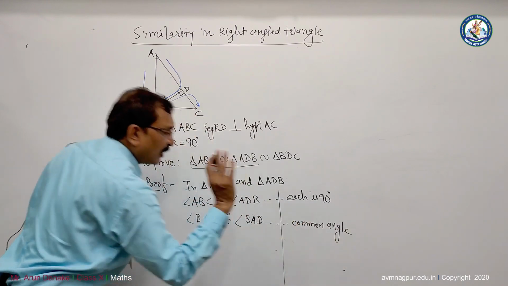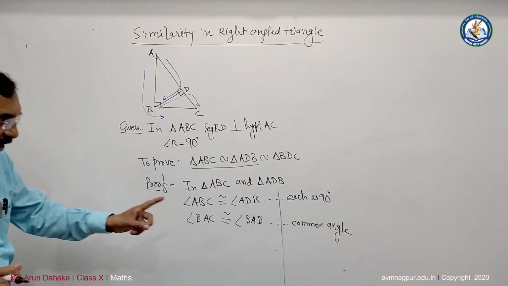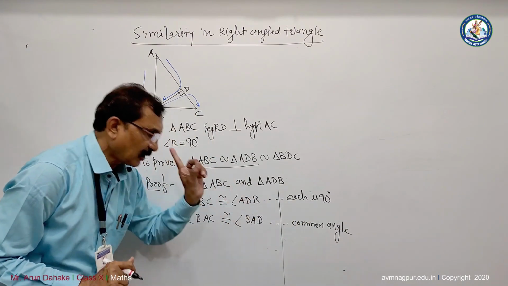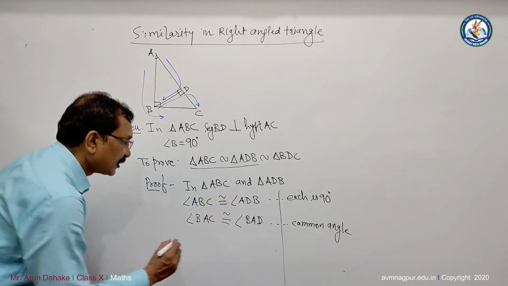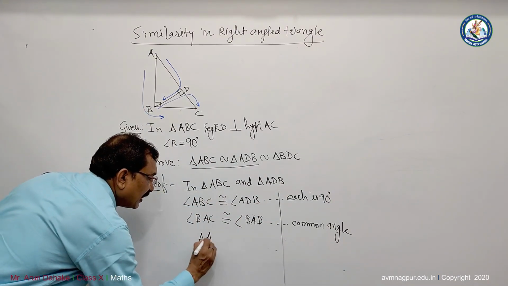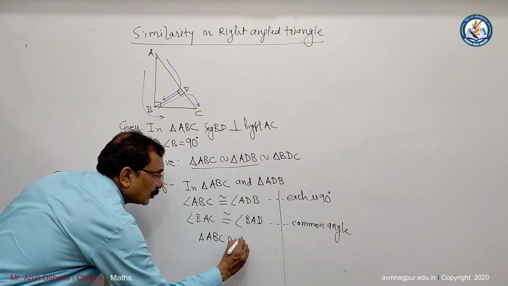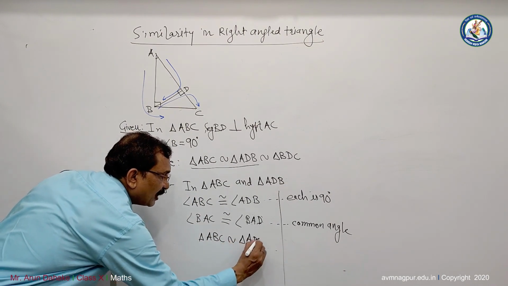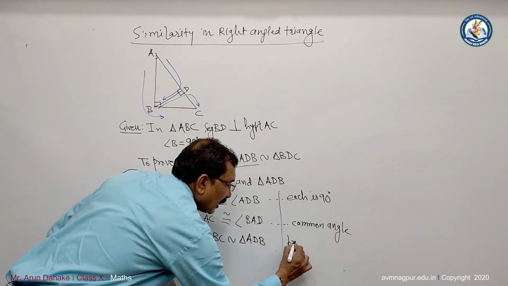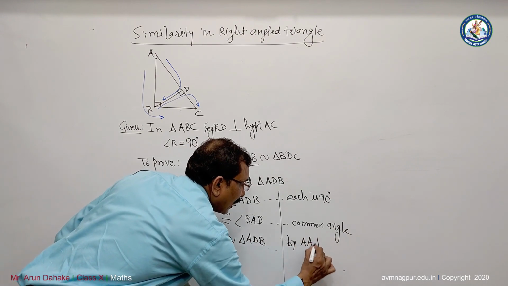Now if it is a common angle, then by using the AA test of similarity, triangle ABC is similar to triangle ADB.